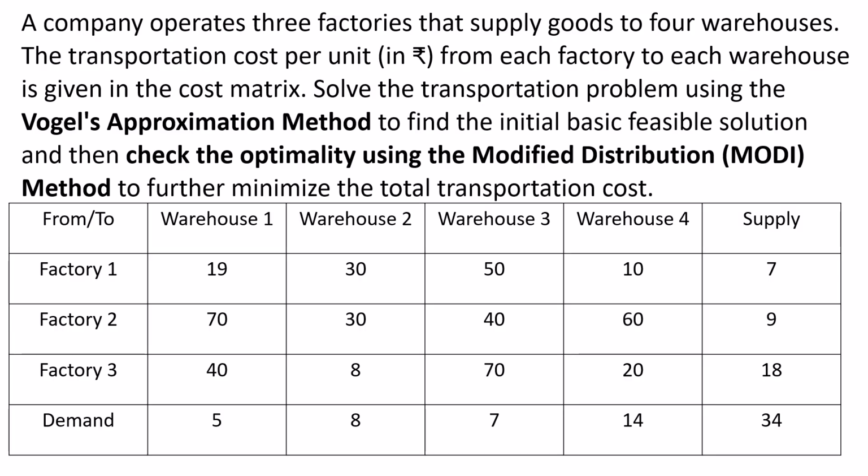So let us solve this problem. This problem says: solve the transportation problem using Vogel's approximation method to find the initial basic feasible solution, and then check the optimality using the modified distribution method to further minimize the total transportation cost. So here the modified distribution method is used only for the optimality test.